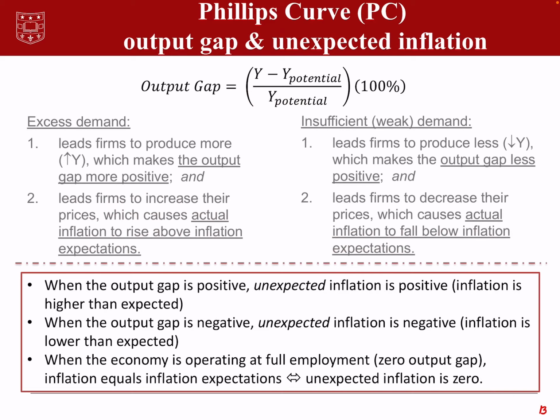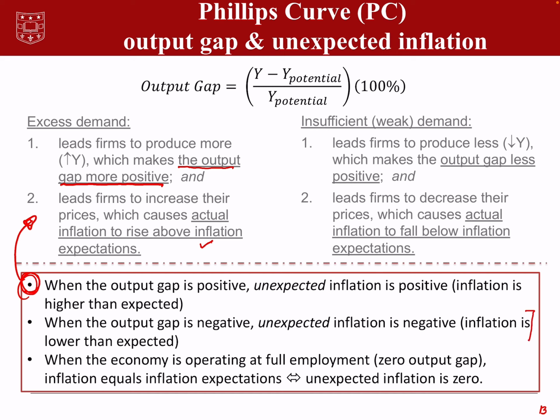When we consider excess demand, we said that the output gap becomes more positive and actual inflation will rise above inflation expectations. So what am I saying here? This bullet point is getting at this. When the output gap is positive, or more generally, when the output gap is becoming more positive, unexpected inflation is positive or getting bigger, and in other words, inflation is higher than expected.